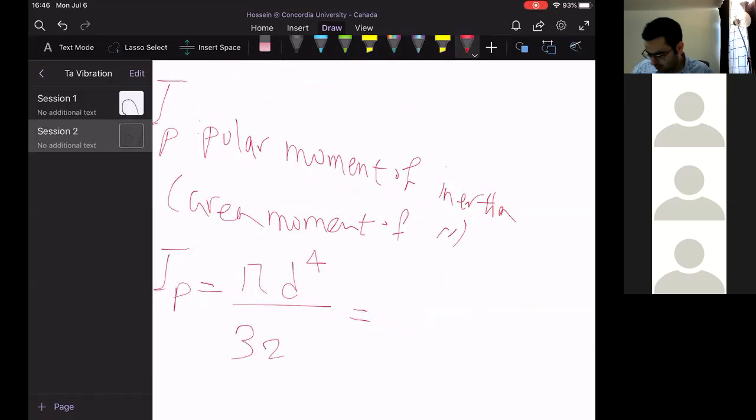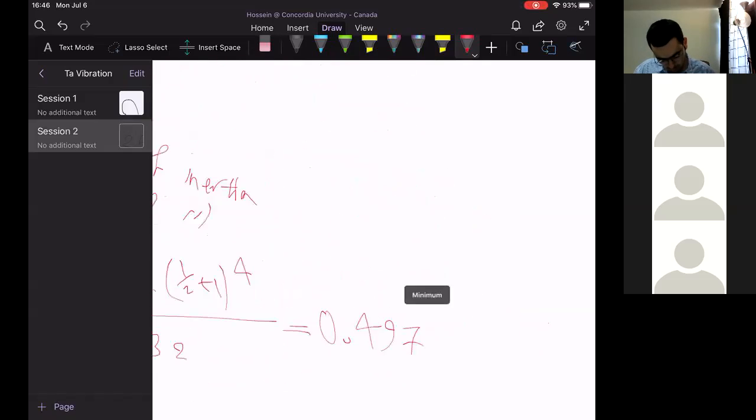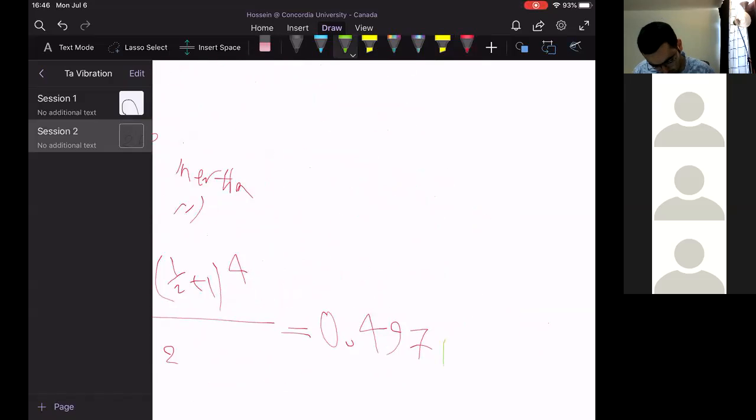So we have d, you have to only plug in d as 1.5 inch. D is 1.5 inch, right? 1.5 to the power of 4 over 32, therefore IP is 0.947 inch to the fourth.